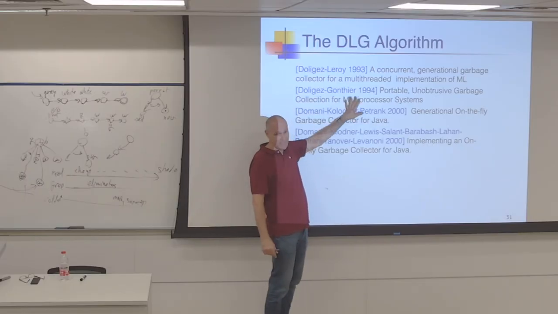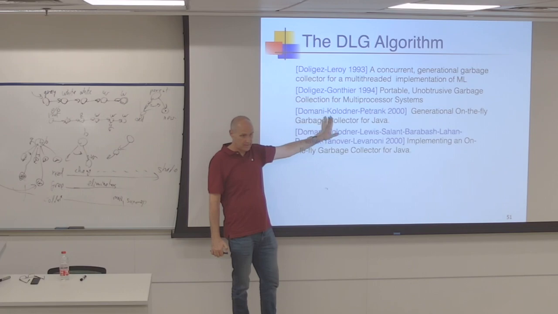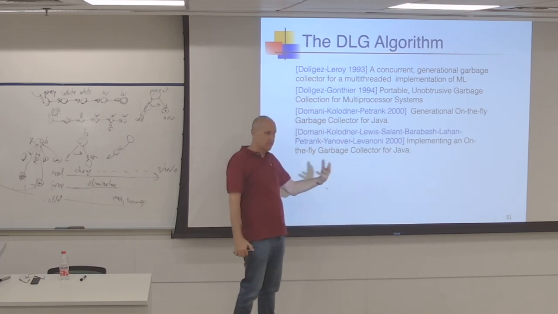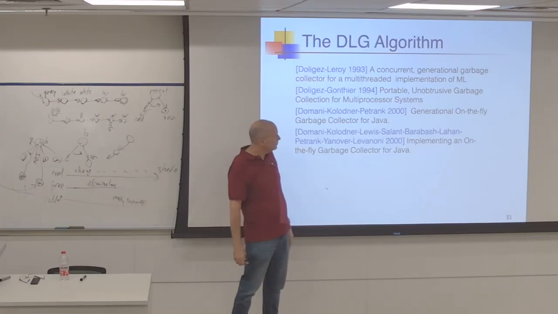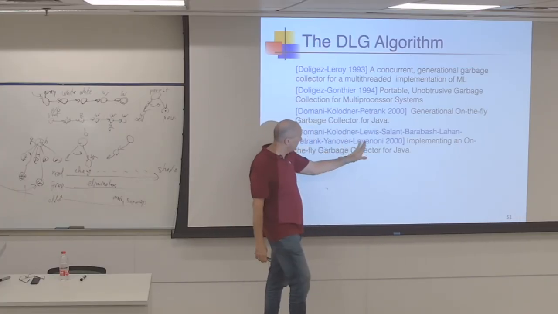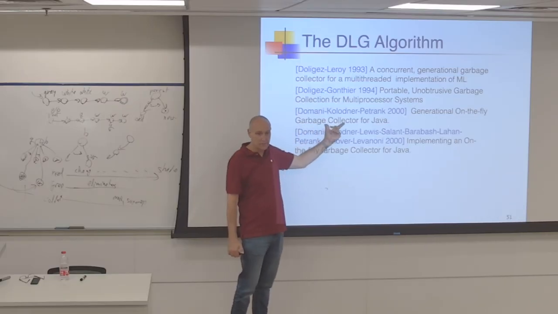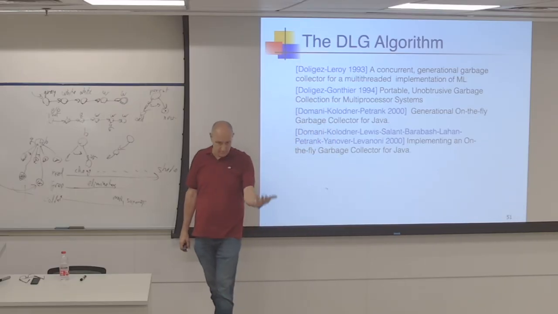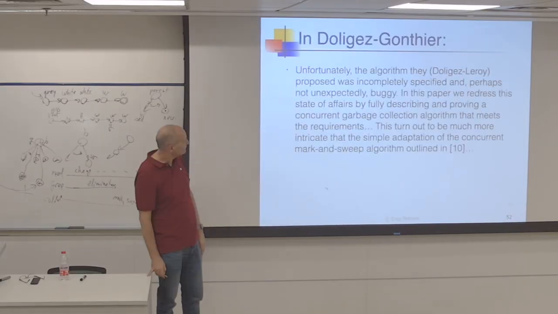And they indeed had the right solution, and they also proved it correct in a logical manner with computerized proof. Later in 2000, people in IBM did a generational garbage collector for Java that was based on this collector. And so it became a production collector.